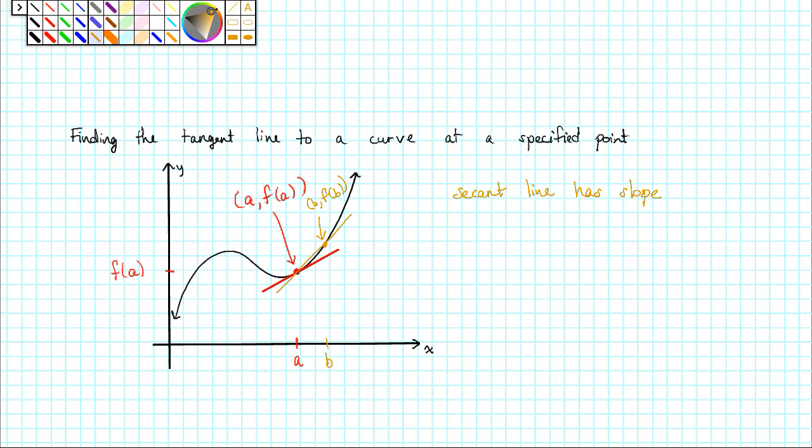So the rise over the run. So I'm going to say f of B minus f of A all over B minus A.